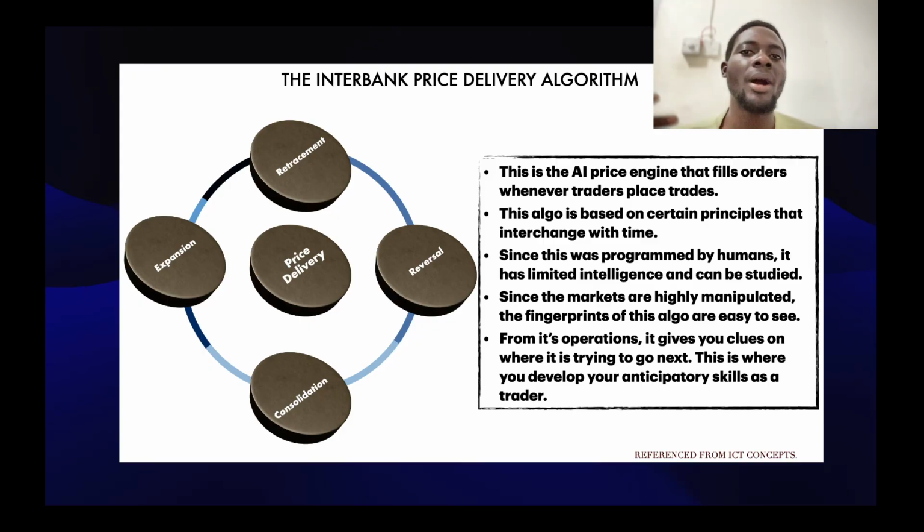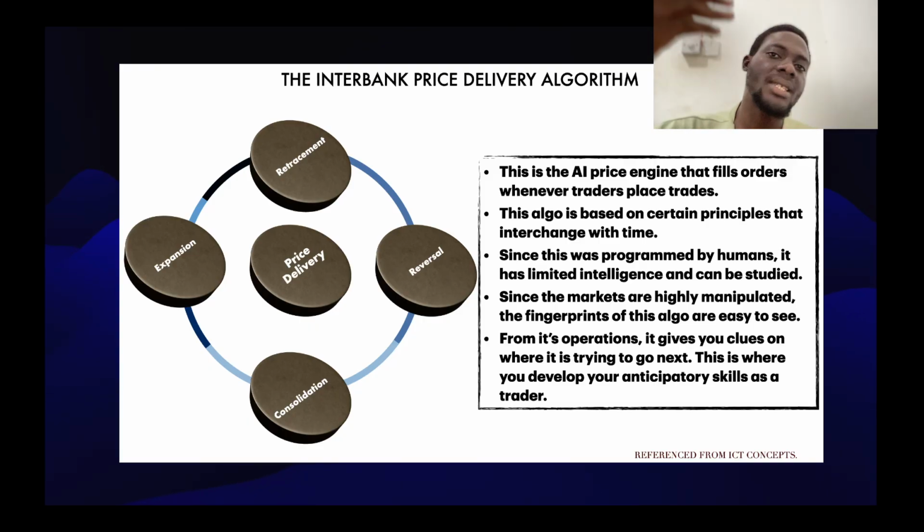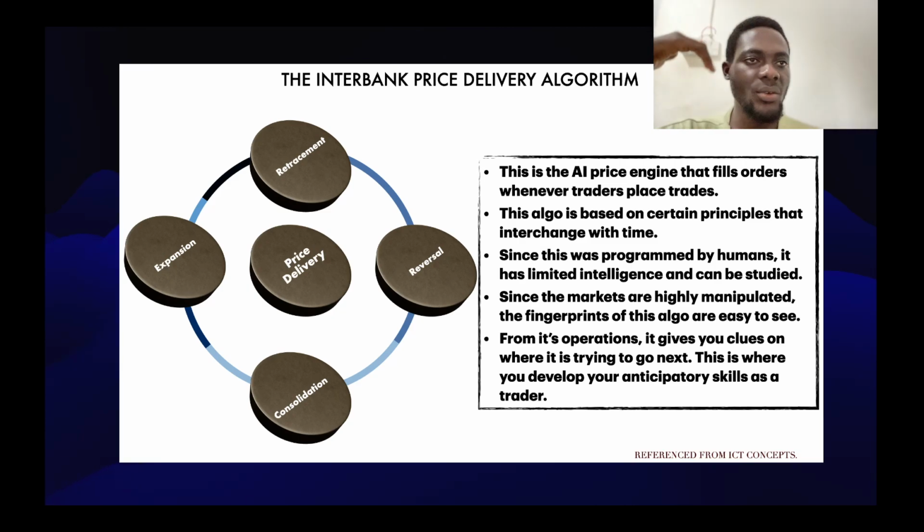So, what is the Interbank Price Delivery Algorithm? It's an AI price engine that fills orders whenever traders place trades. So, immediately you place your trade, there's an, okay, this doesn't apply to retail traders. It applies to the interbank. That's why you say interbank price delivery. It applies to the market makers, those who set the price of the market.